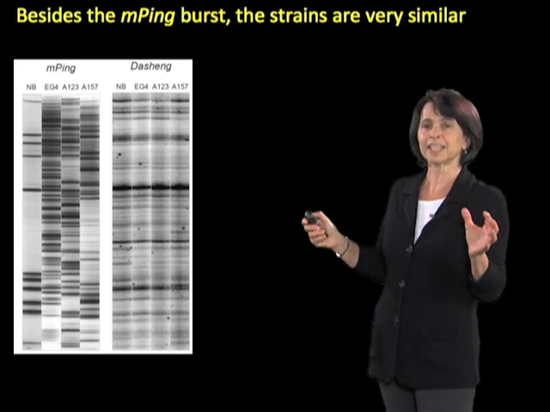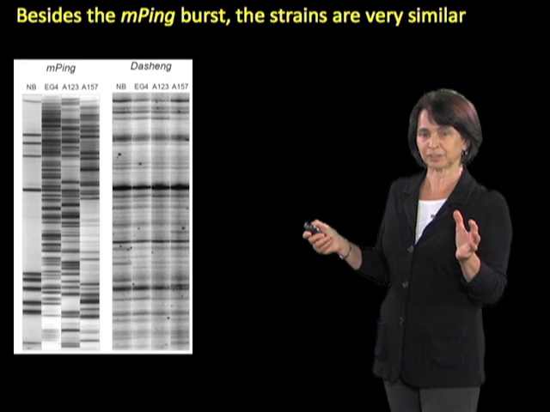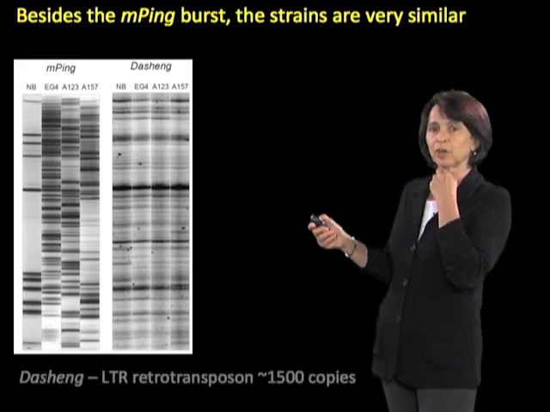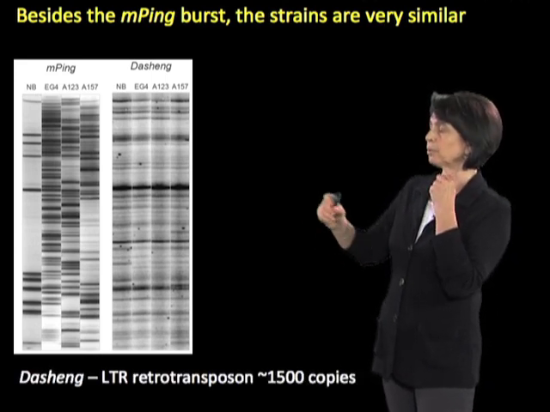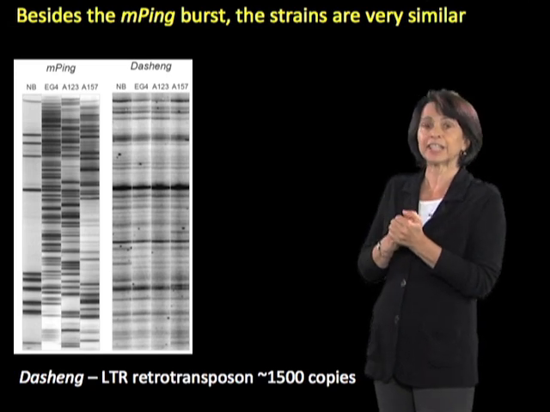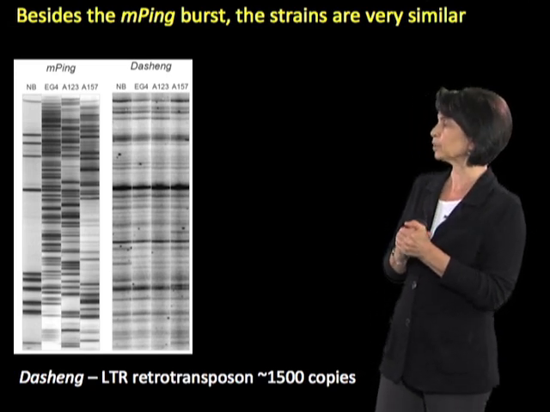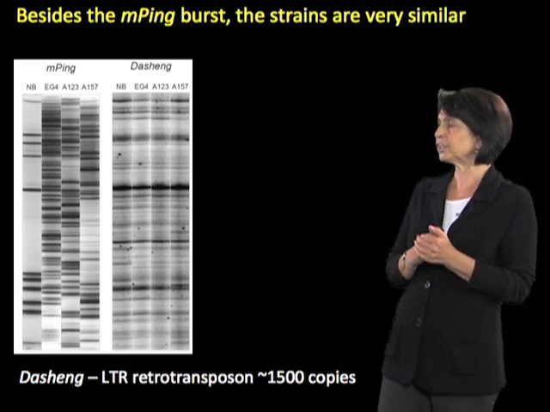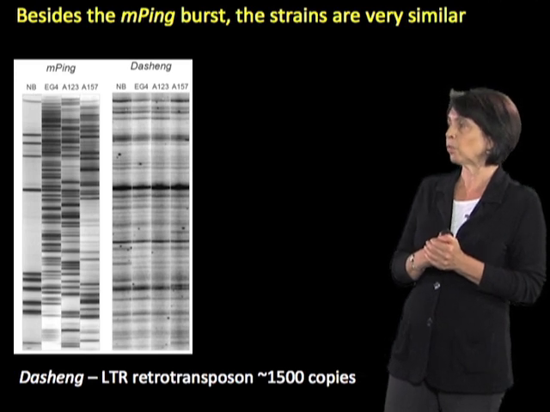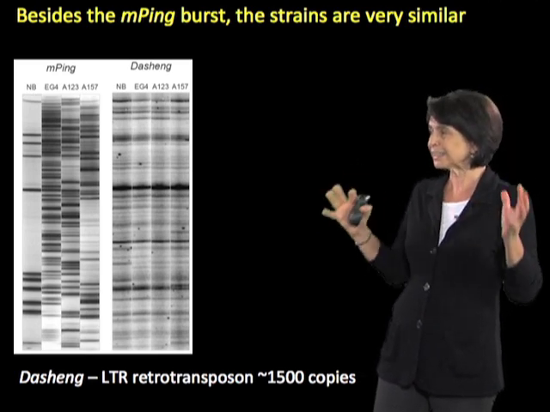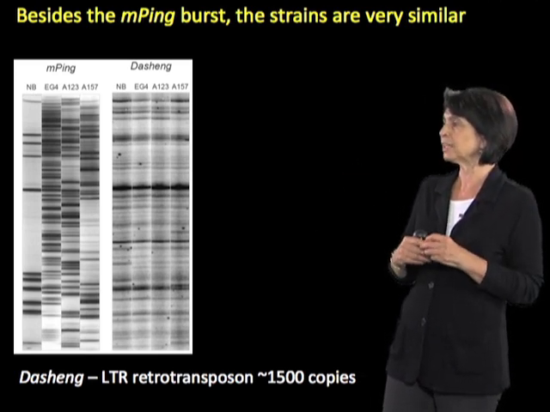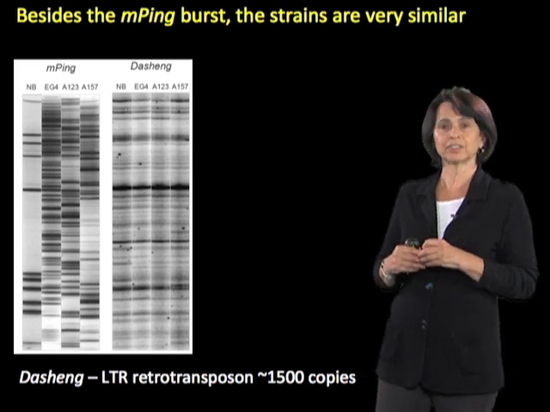So exactly the same genomic DNA preparations. But the difference is one of the primers in PCR. This is a primer from a retrotransposon called Dashang, which was also identified in my lab. There are about 1,500 copies of this in the genome. But what you see, again, using exactly the same DNA preparations, is the pattern for all those strains are exactly the same.